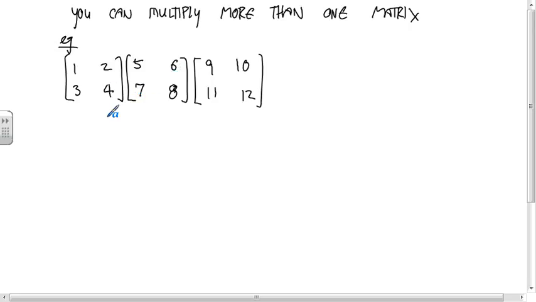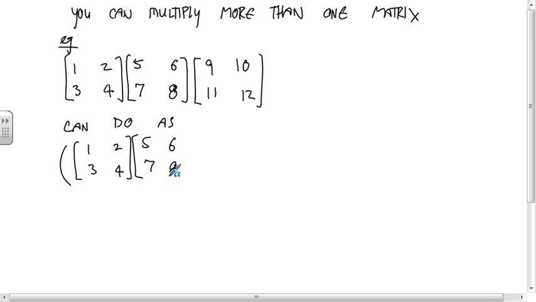So you could do this as 1, 2, 3, 4 times 5, 6, 7, 8, and then multiply the output of that by 9, 10, 11, 12.